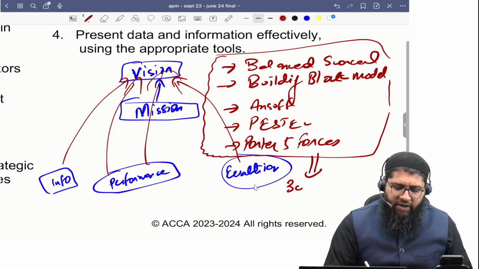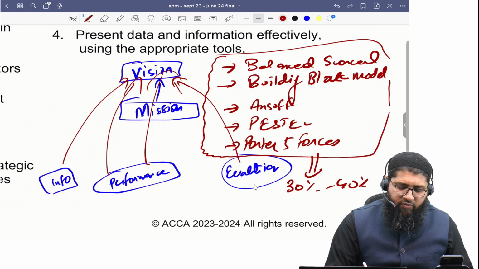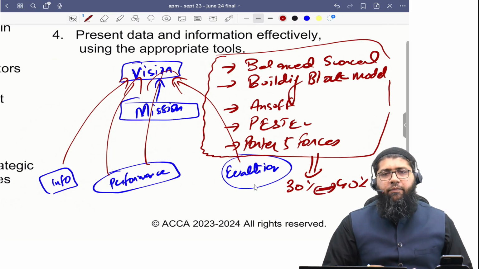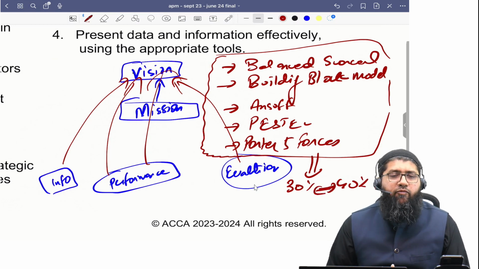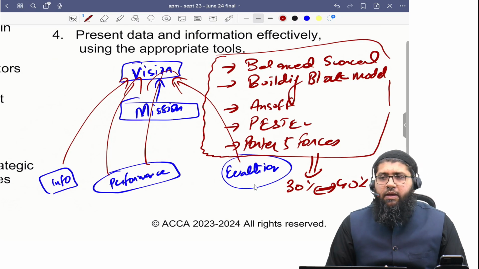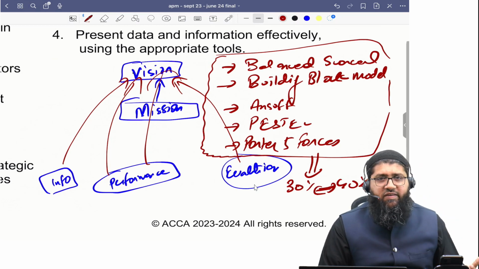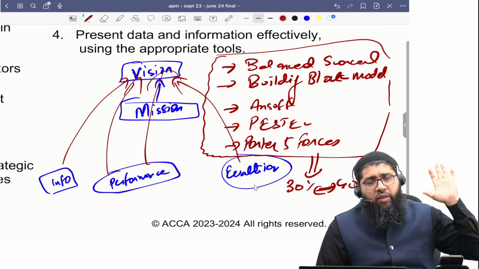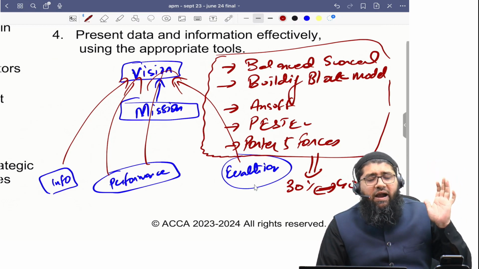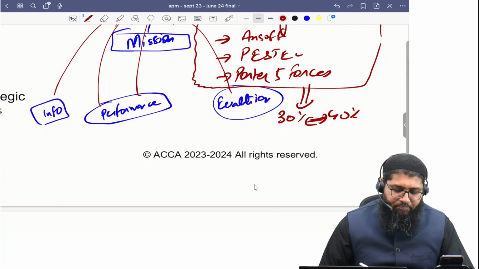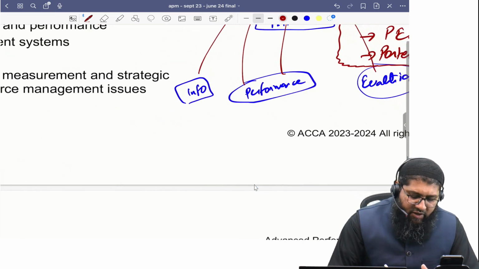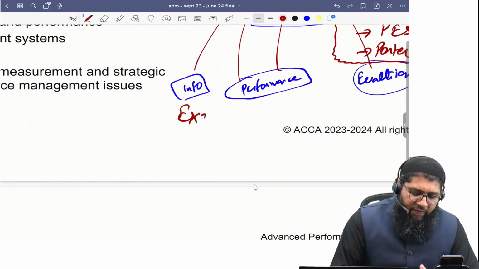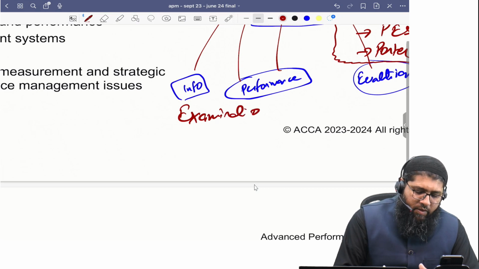Approximately 30 to 40% of the techniques are new, that is, you would probably be doing them for the very first time at the APM, but the majority, the remaining 60 to 65% of the syllabus, is knowledge you would have studied in different subjects. But again, the method of examination is altogether different at the APM.